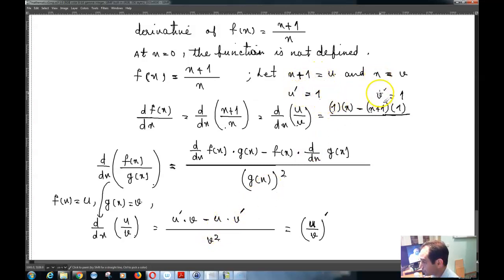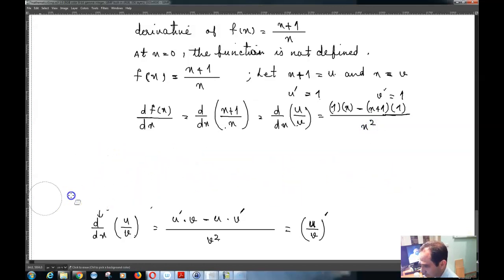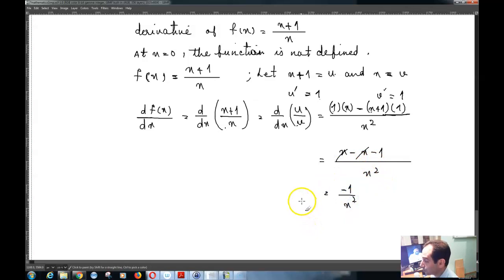Now v squared is equal to x squared. So I can erase these over here. So this is equal to x minus x minus 1 over x squared. These two will cancel out. You will get negative 1 by x squared.